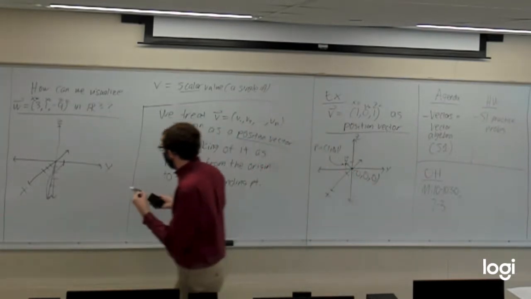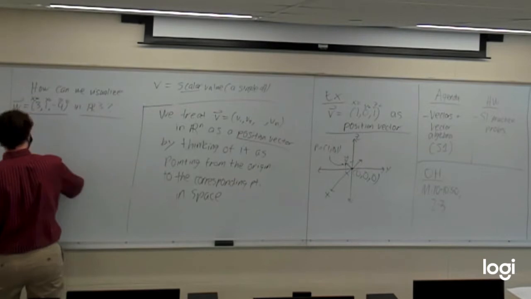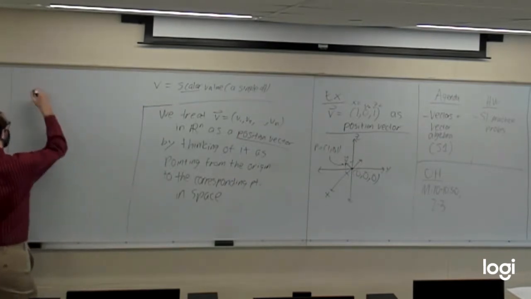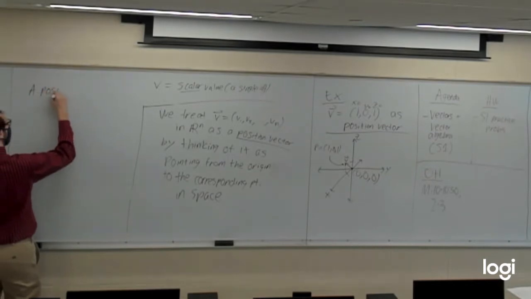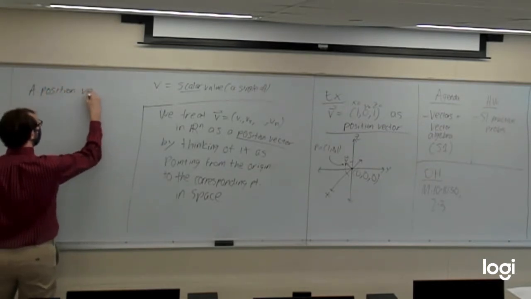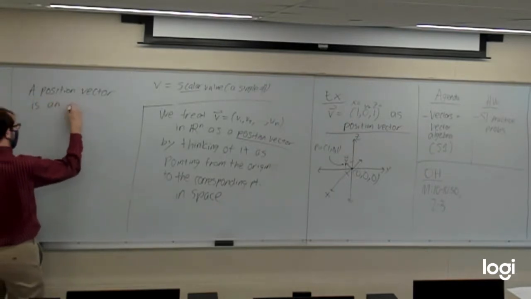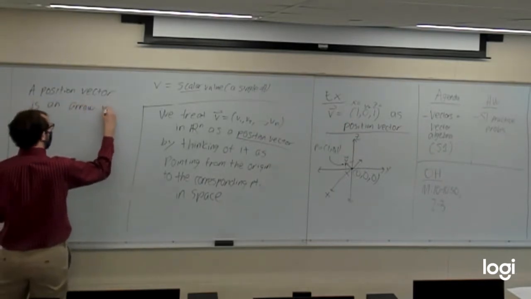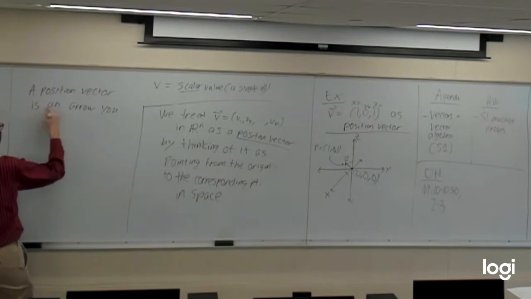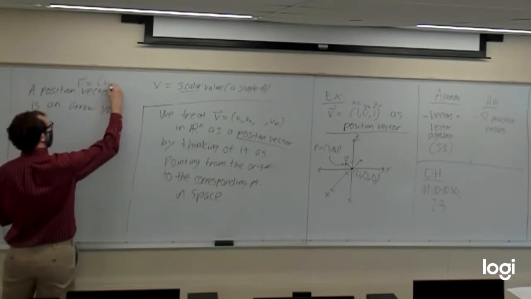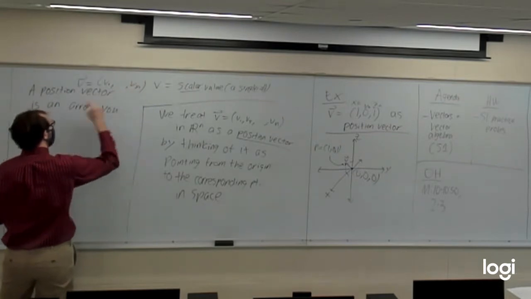Let's write that down. It's basically an arrow. Let's say v equals v1 up through vn.